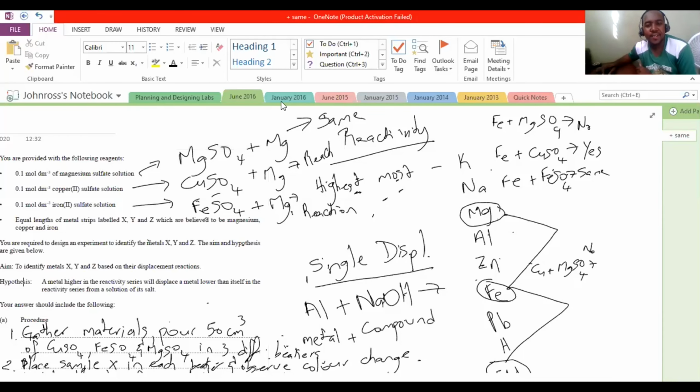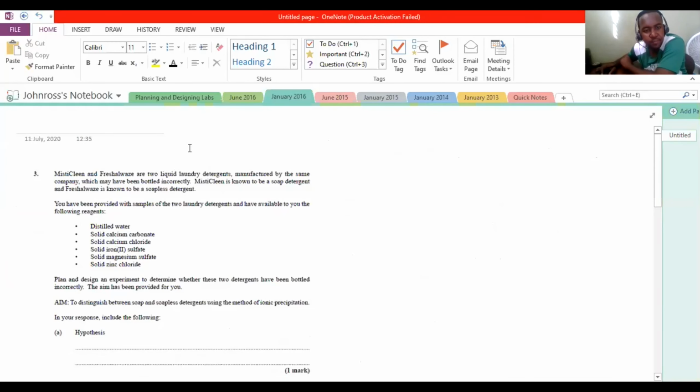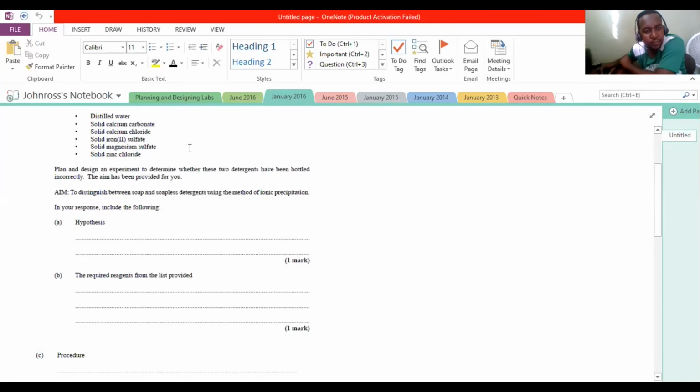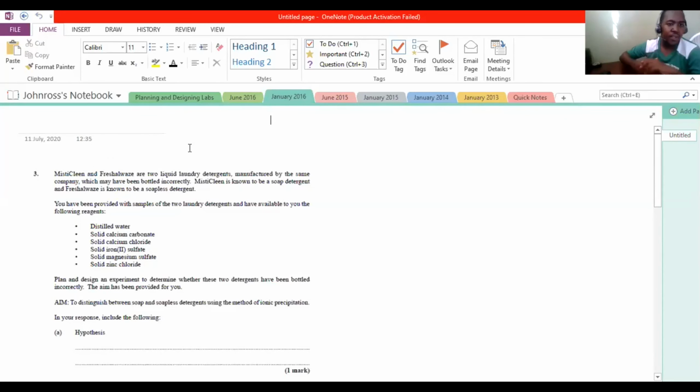All right, so let's look at January 2016. A lot of reading here. Clean and Special Ways are two liquid laundry detergents manufactured by the same company, which may have been bottled incorrectly.